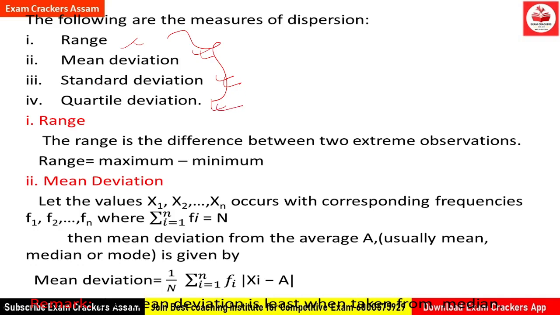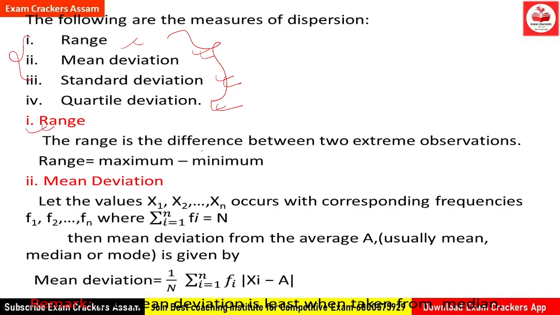The first 3 are very important from the exam perspective, but the fourth one is not that important. Since we have less time, we will try to cover the topics that are important from the exam perspective first. So let us first learn what is range.